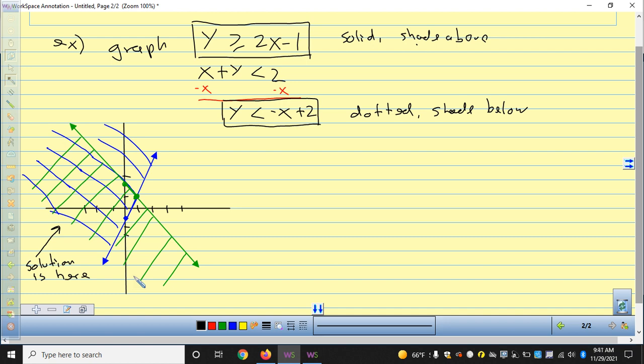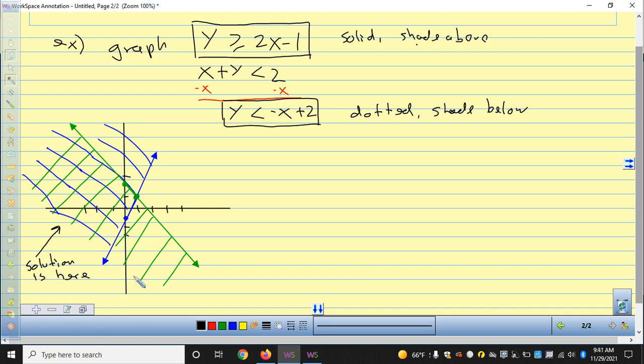Any point in this area where the shading overlaps is the solution to that inequality. And usually with these, all we do is graph these, and we do the shading. And where our shading overlaps shows us where the solution is. We don't have to draw an arrow or anything. We know where the shading overlaps is where the solution is.